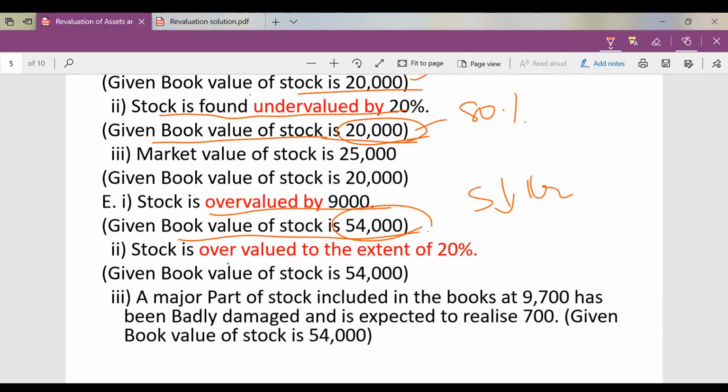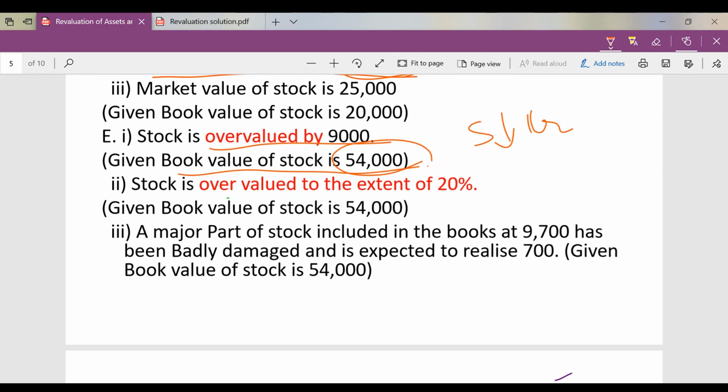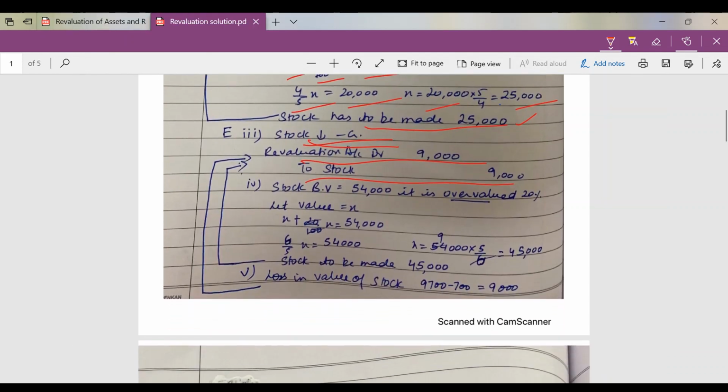Next is, he's saying stock is overvalued to the extent of 20%. Now when I say it is overvalued to the extent of 20%, that means it's already 20% more here, right? That means this value is more than the actual value by 20%. So using the same equation of x, we can do it as, this book value is overvalued by 20%.